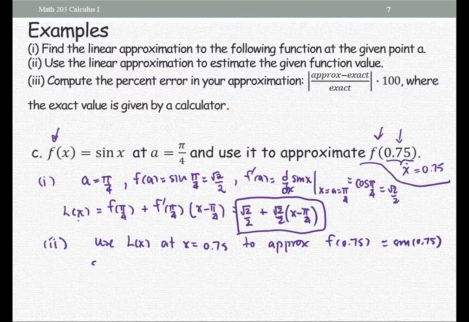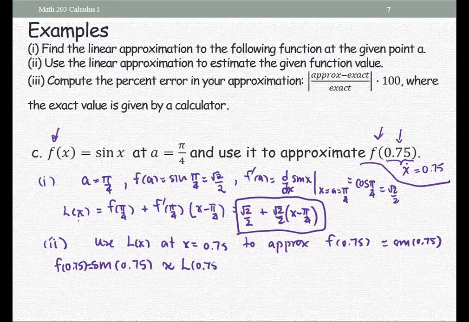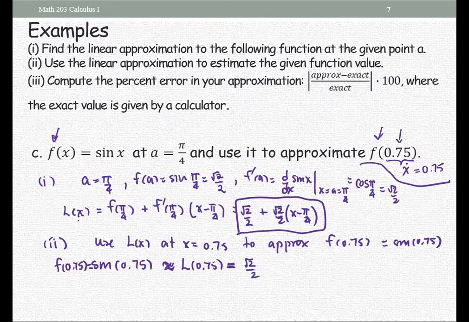Okay, so the sine at 0.75, I'm going to put a note here, f at 0.75, which is sine at 0.75, is approximately equal to the linearization, or the linear approximation, at x at 0.75. You see the notation? This is approximately equal to, this is equal. So the linearization is square root 2 over 2 plus square root 2 over 2 multiplied by 0.75 subtracted by pi over 4. Okay, calculator.